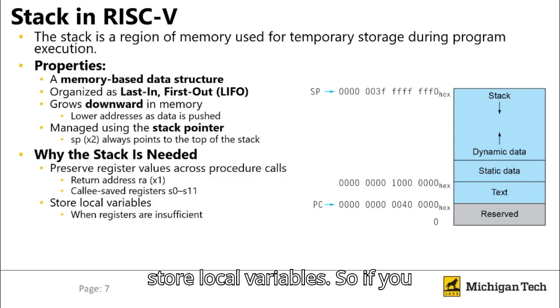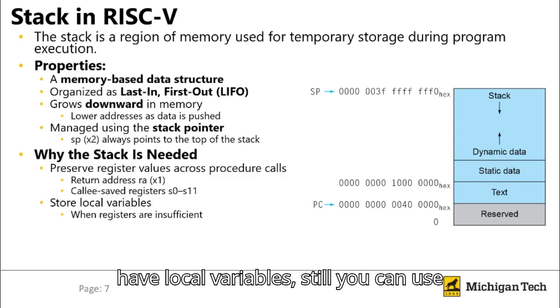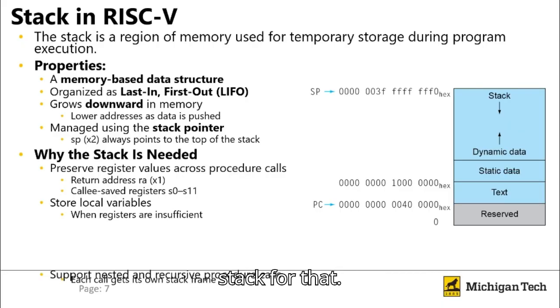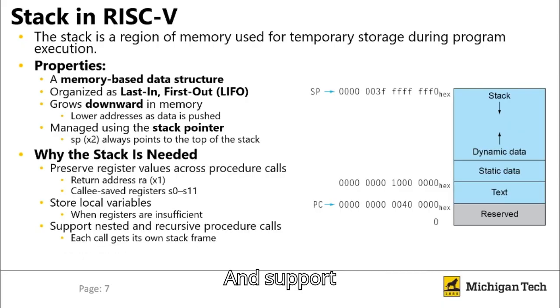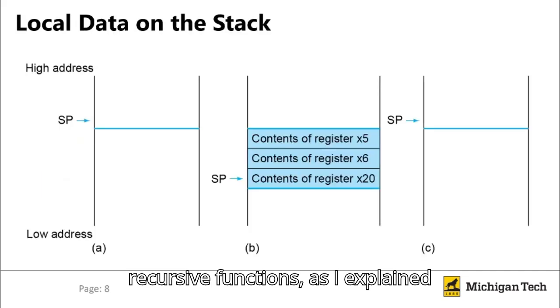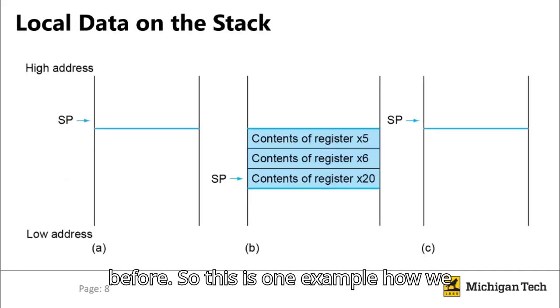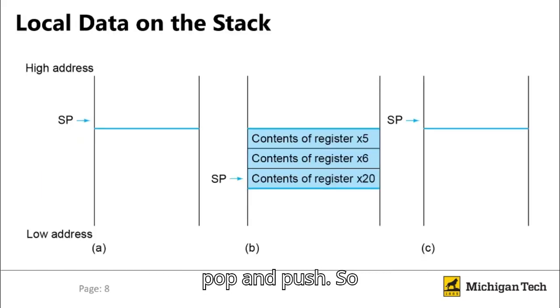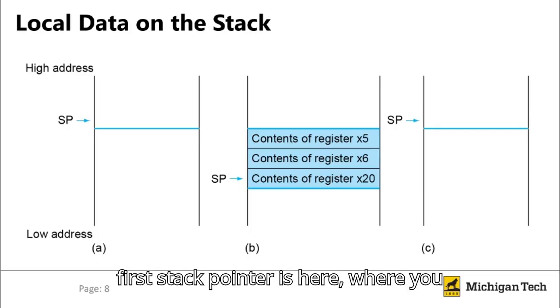Store local variables. So if you have local variables, you can still use the stack for that. Support nested and recursive functions, as I explained before. So this is one example of how we pop and push. First the stack pointer is here.